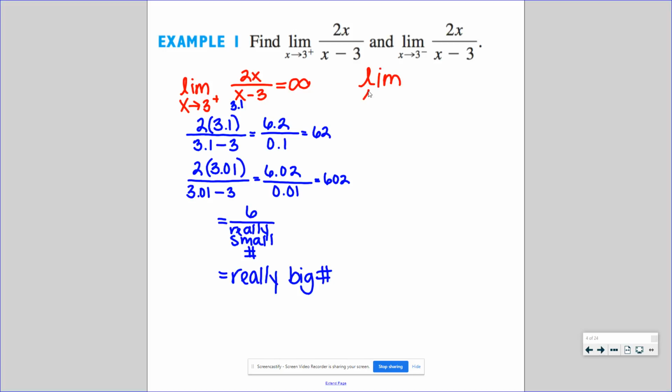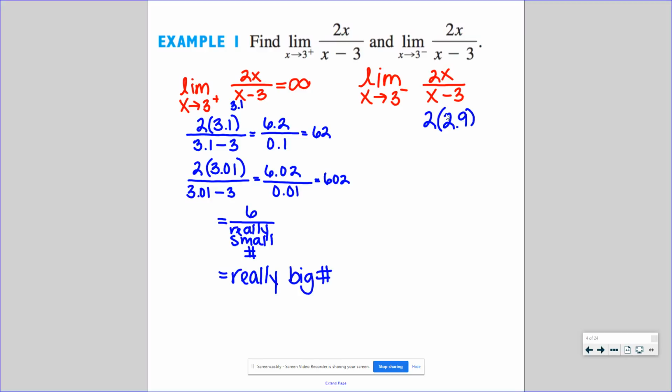All right, so we're going to go through the second example in a pretty similar manner. Plug and chug would be ideal, but it will not work in this case. So let's think through it logically. I'm going to pick a number really close to 3, but this time we're approaching from the left. So that means we're going to plug in something that's smaller than 3, but really close to it.